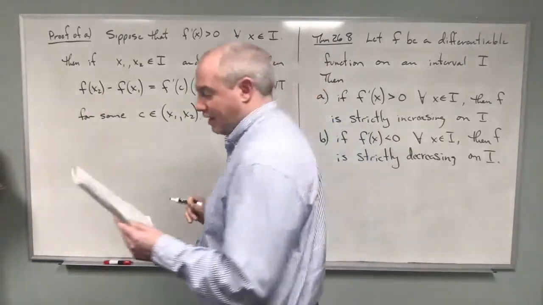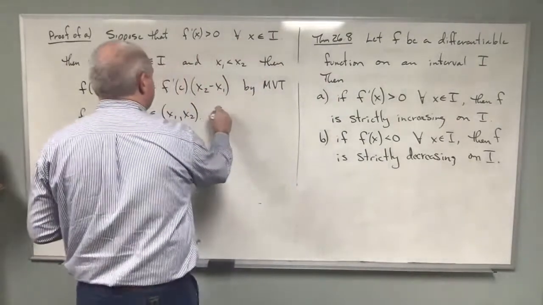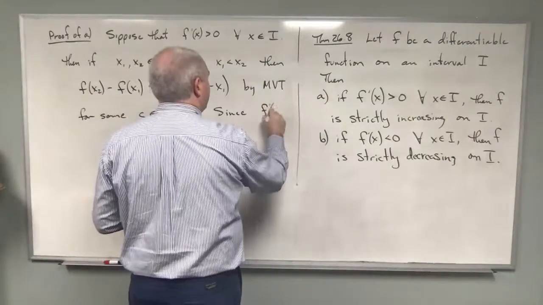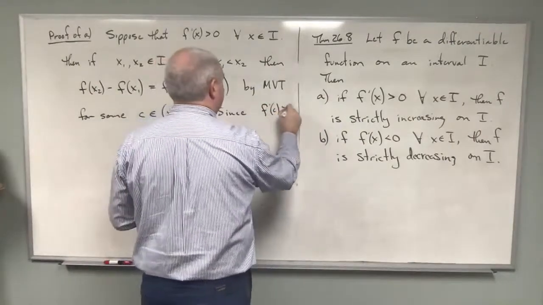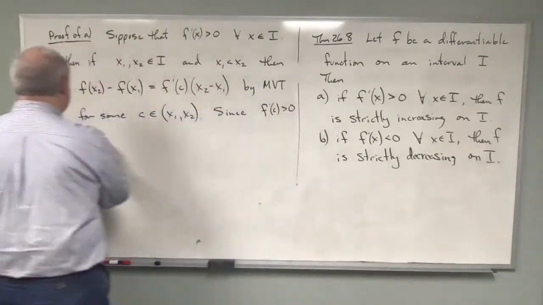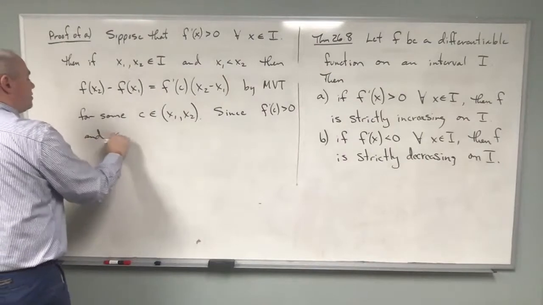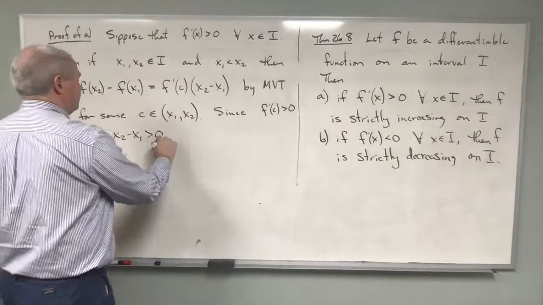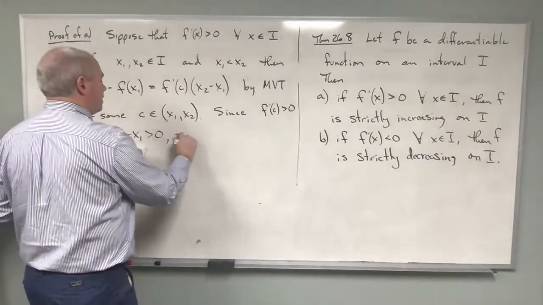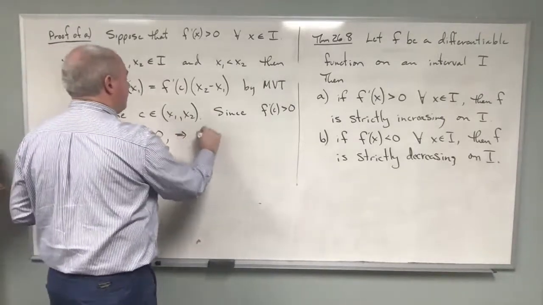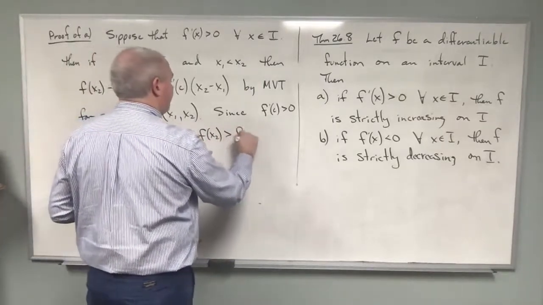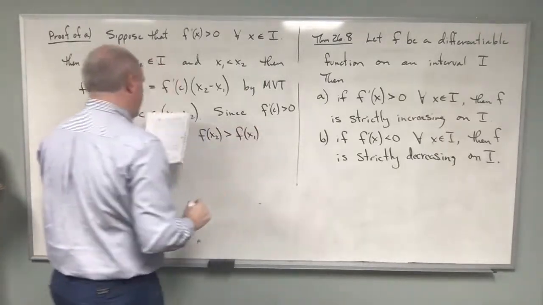So let's write this down. Since f prime of c is bigger than 0, and x2 minus x1 is also bigger than 0, that implies that f of x2 is bigger than f of x1.